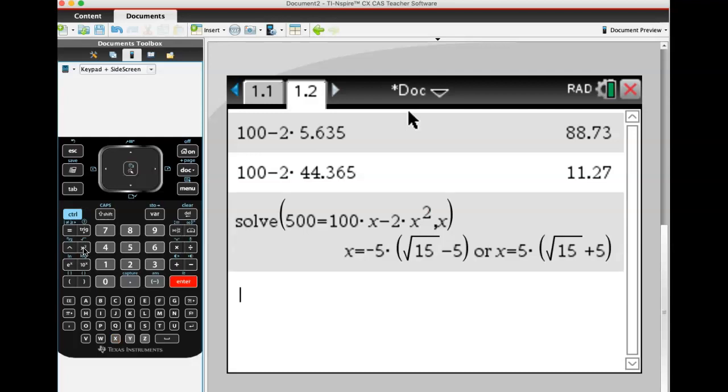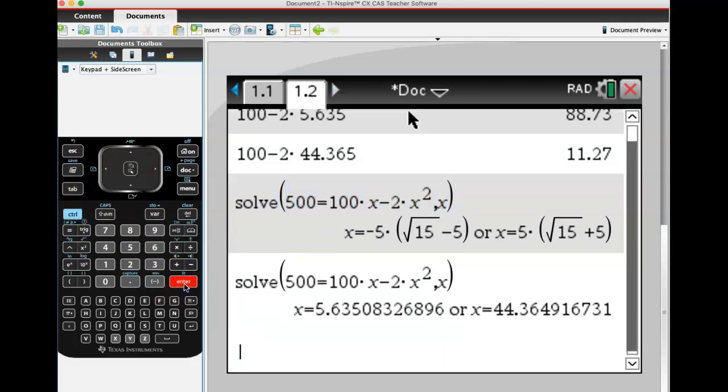Oh, I'm in exact value mode. So now I need to go up and re-grab that, and then hit Control, approximate. Then it'll give me my decimals.